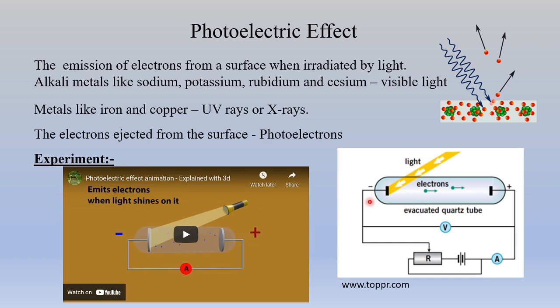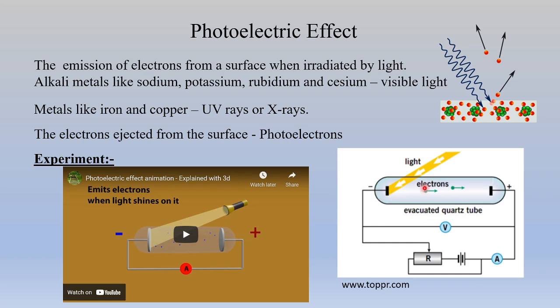Here the material of this chamber is quartz. The particularity of quartz is that it is transparent to UV as well as visible light.